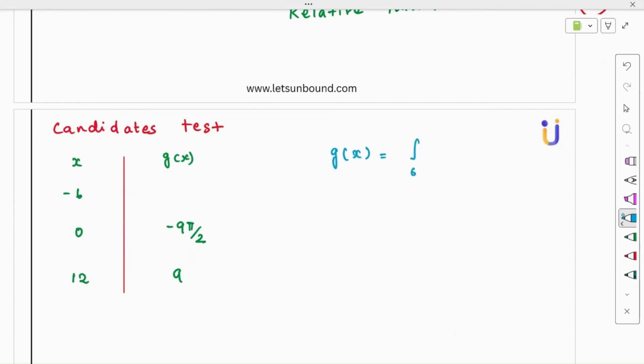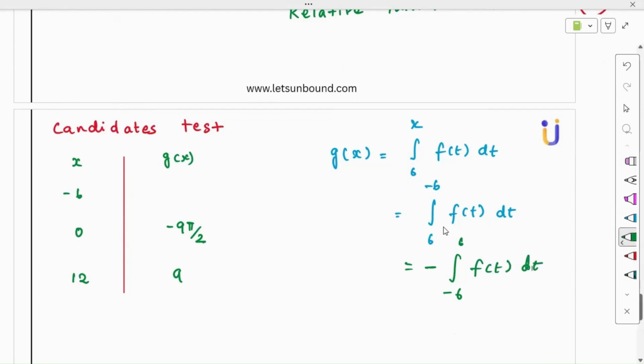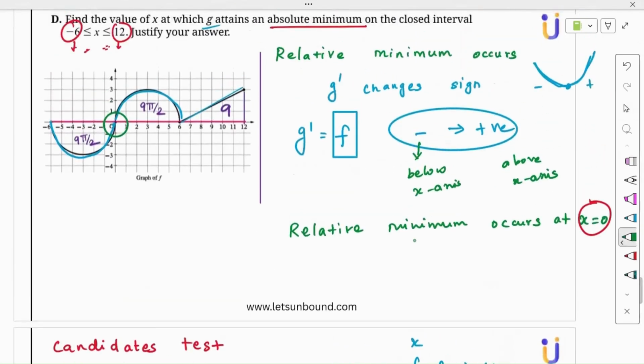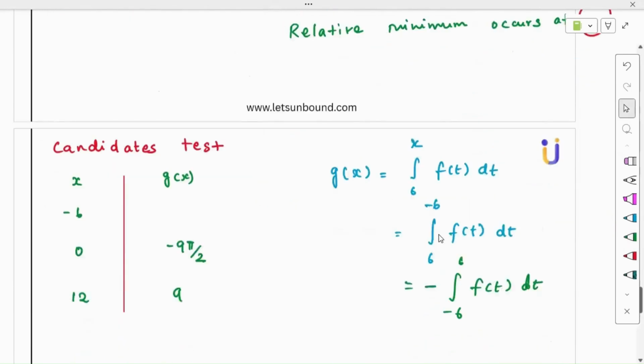So what is g of x? It is the integral from 6 to x of f of t dt. And it is the integral from 6 to -6 of f of t dt. Do the sign manipulation because it's the area under the curve, right? I give a negative and interchange the limits so that they are in order. From -6 to 6, you need to find the area. This is -9 pi by 2 because it's below the x-axis, and this is +9 pi by 2.